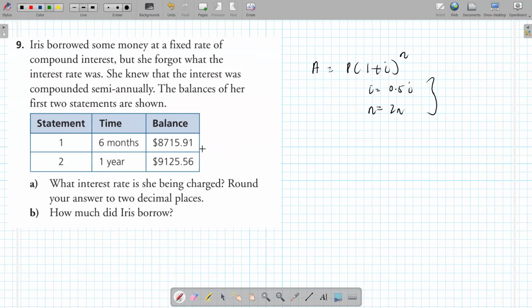Let's focus on this. Actually, we can't focus on that. Part A is asking us for the interest. Let's start here. The amount there is 8715.91, right? Principal, we don't know. i, we don't know. But we know it's going to be 0.5i. What's the N value here at this time?